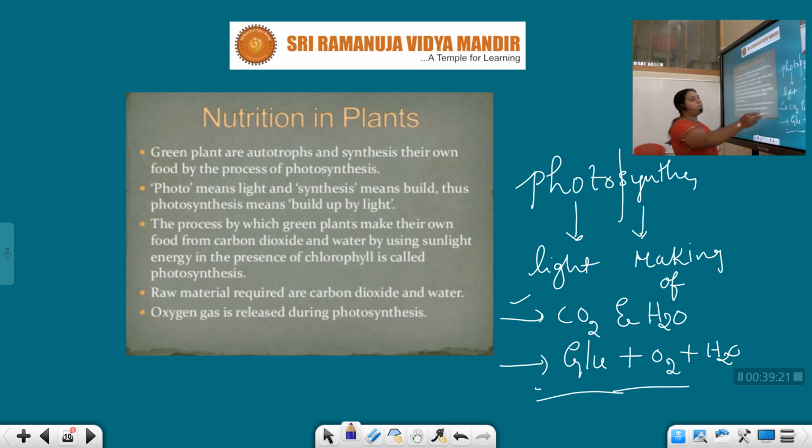The word photo means light and synthesis means making procedure. The ingredients required for the process of photosynthesis are carbon dioxide and water. These are the raw materials, and the end products are glucose and oxygen.